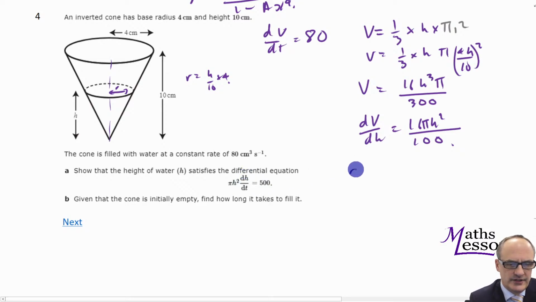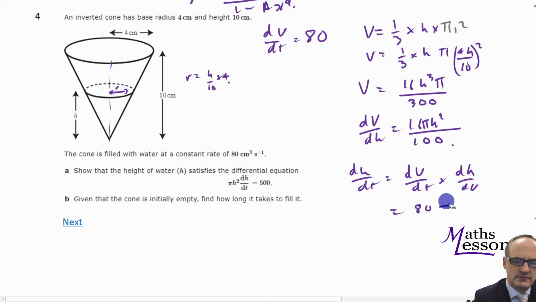So now I can find dh by dt. Now dh by dt is equal to dv by dt times dh by dv. So it's equal to this one divided by this one. So it's equal to 80 times, I'm not going to write divide, I'm going to write times and reciprocate it.